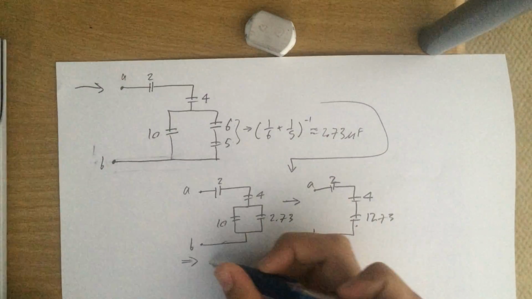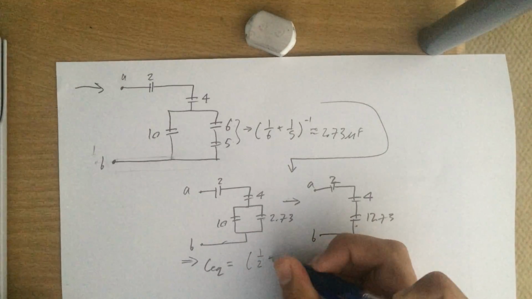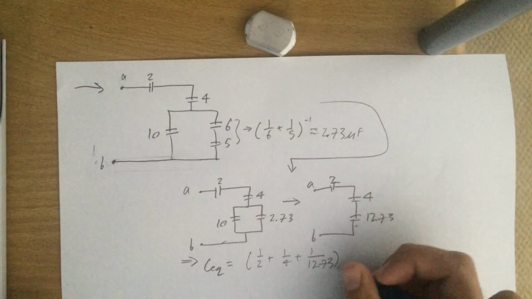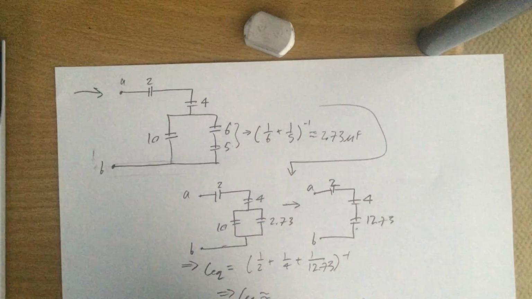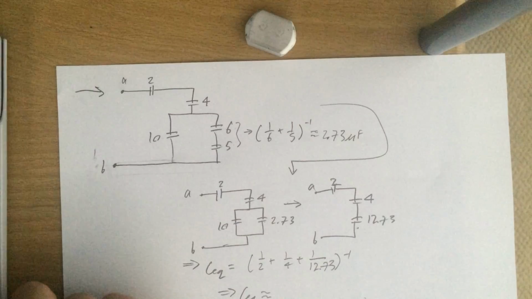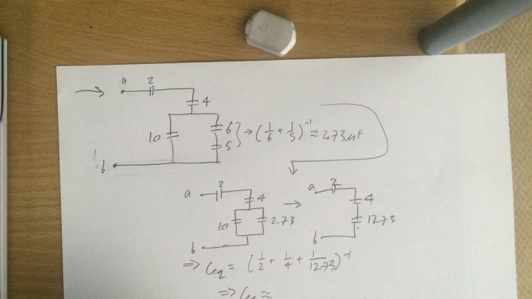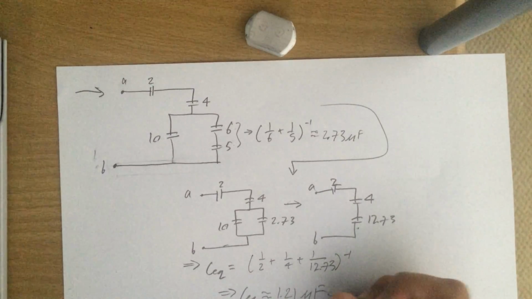Therefore CEQ would be equal to 1 over 2 plus 1 over 4 plus 1 over 12.73 inverse, and plugging that into the calculator you should get a number that is obviously a decimal value, but it should still work out well in the end, okay? You get about 1.21 microfarads, okay?